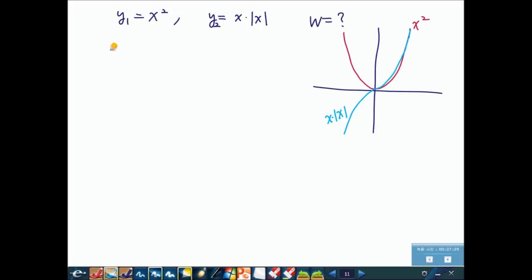We need a special mathematical operation for this type, right? This is not normal, this is absolute value times something. So y2 we can always write as x times the square root of x squared. The special thing is, x squared is evaluated first.